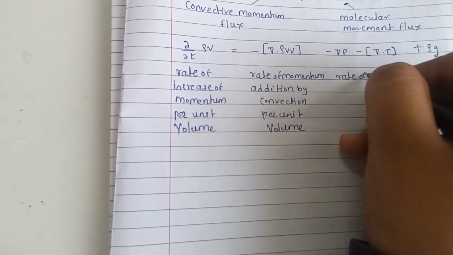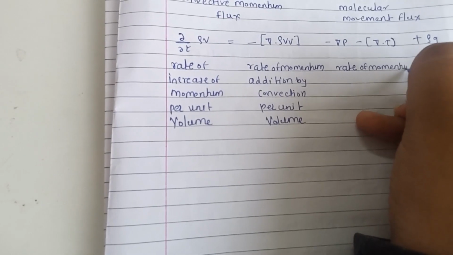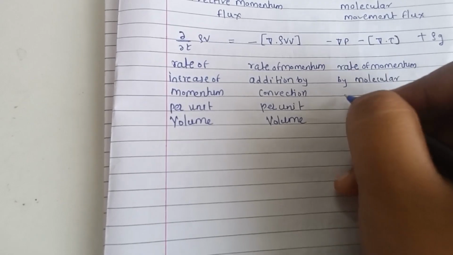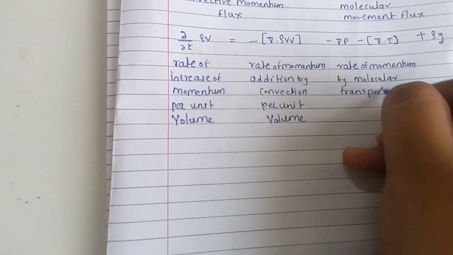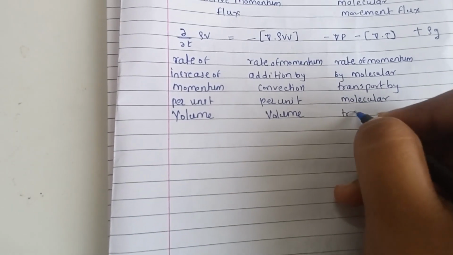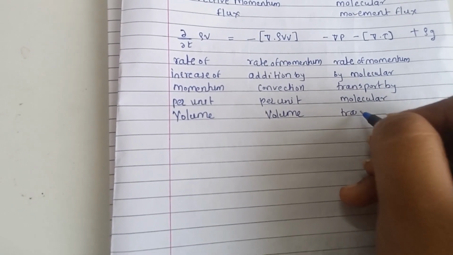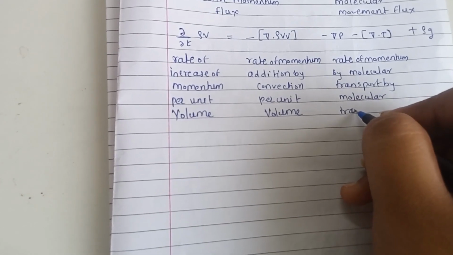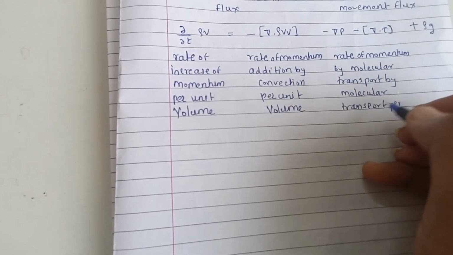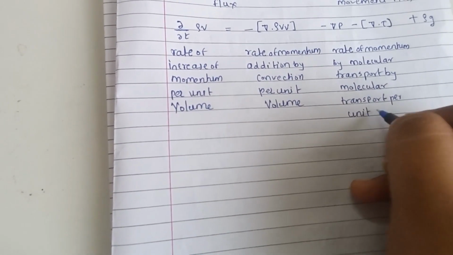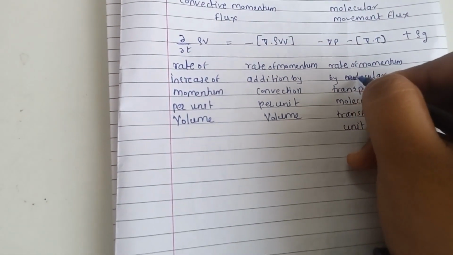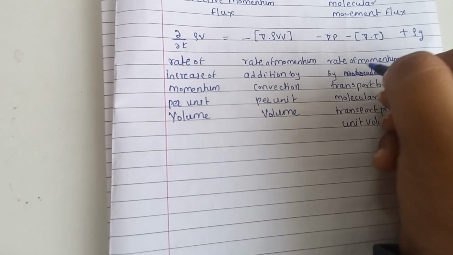And the whole term, that is minus del P minus del dot tau, represents the rate of momentum addition by molecular transport per unit volume, that is because of the molecular momentum flux. And rho g, as I mentioned earlier, is the external force on the fluid per unit volume. Rho is the density, while g represents the acceleration of gravity.